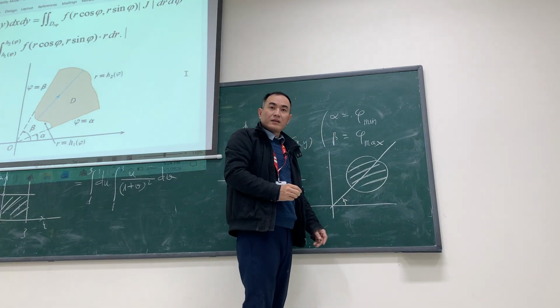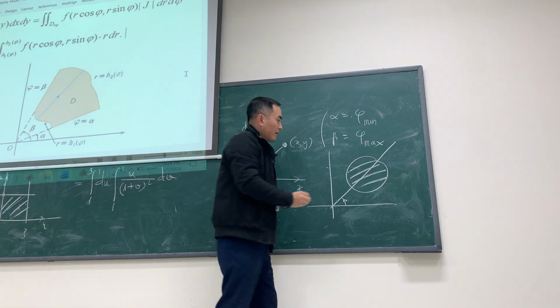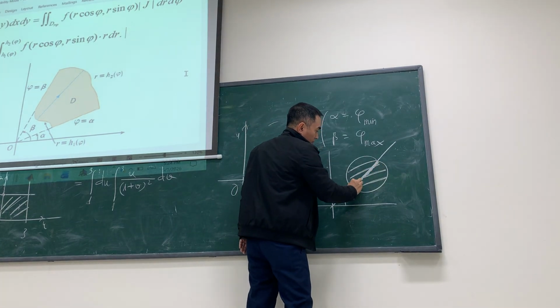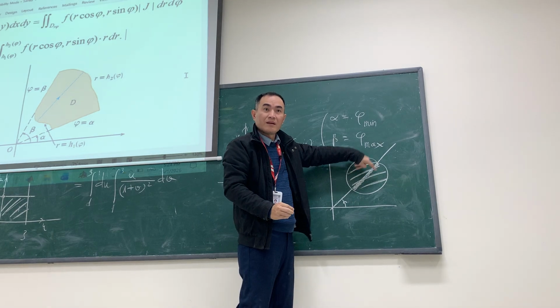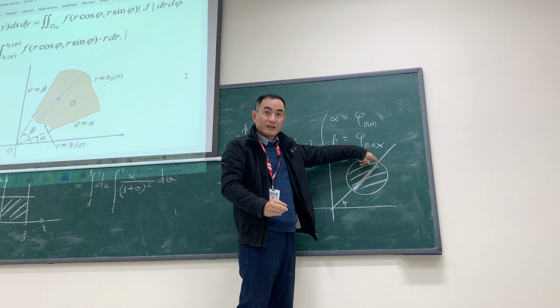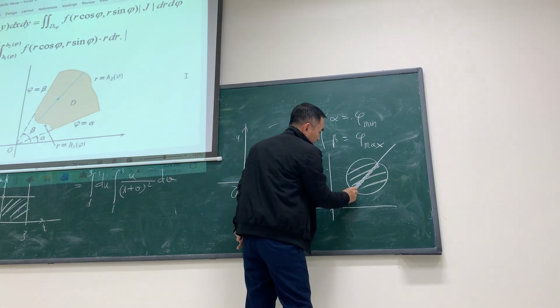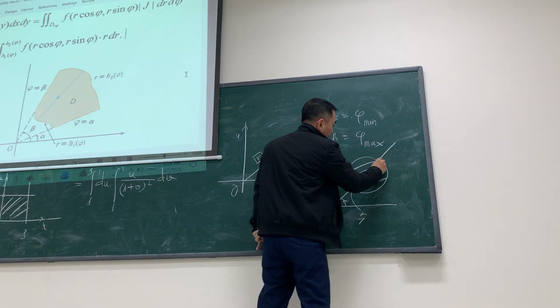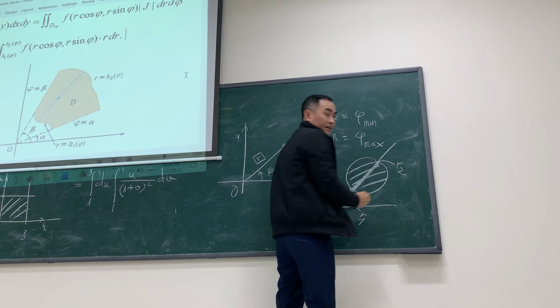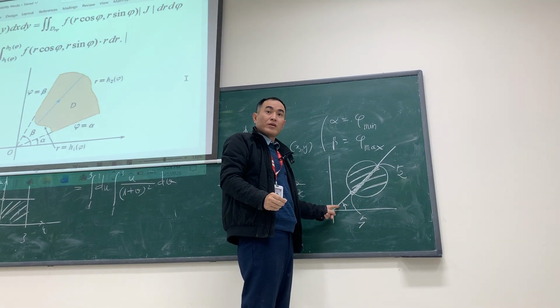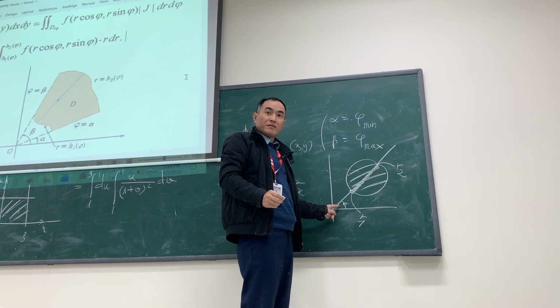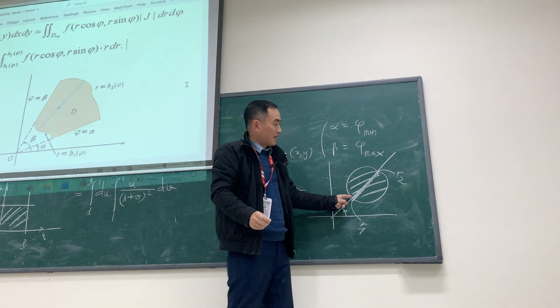Khi phi cố định thì r dao động từ đâu đến đâu? R chạy từ đây đến đây. Chỗ này sẽ là r1, cái này là r2. Phi cố định thì r chạy từ r1 đến r2.